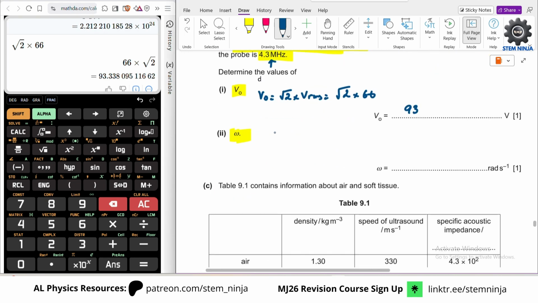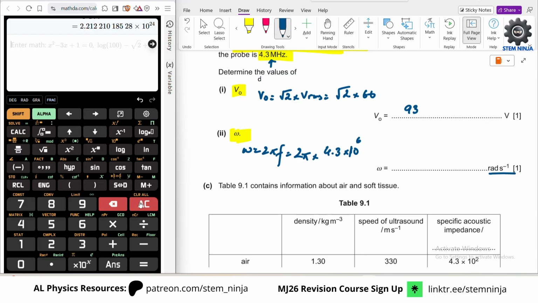Omega is 2 pi f. So 2 pi times f, and we need to convert it into hertz, 4.3 times 10 raised to power 6, because omega is in radians per second, right? So 2 pi times 4.3 times 10 raised to power 6. Let's turn it into standard form.